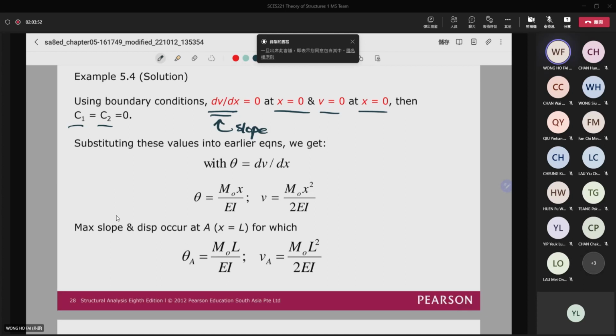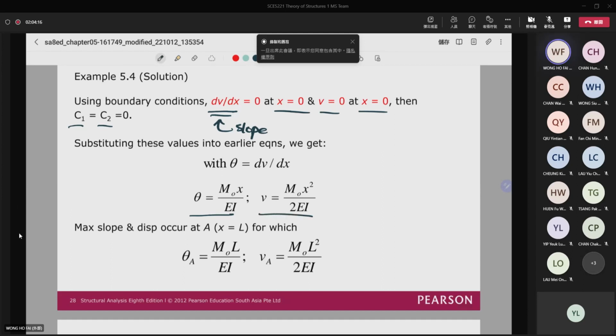So from here, we can find the so-called slope equation and the deflection equation like this. M0 x over EI is the slope equation. The deflection equation is equal to M naught x squared divided by 2EI. Okay.